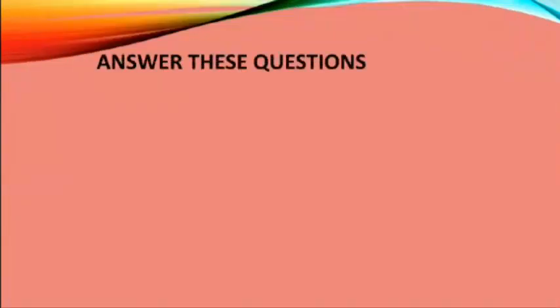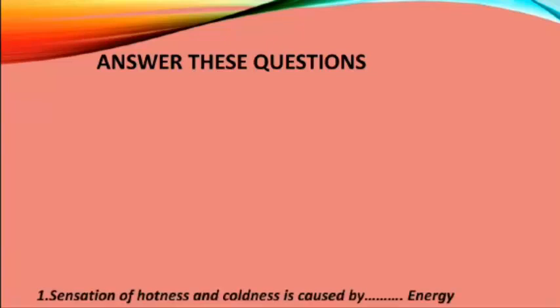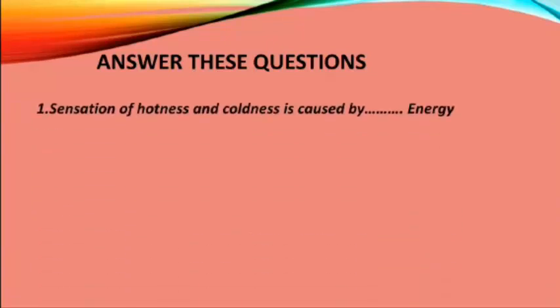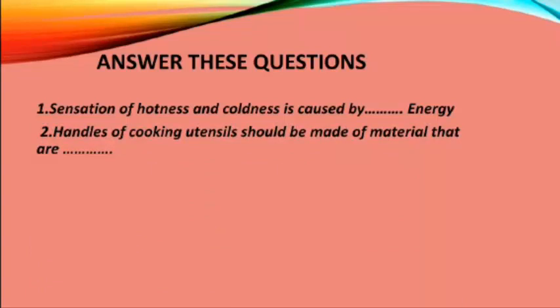So children, I hope you understood the topic, and able to answer these questions. Question number 1. Sensation of hotness and coldness is caused by dash energy. Handles of cooking utensils should be made of material that are.